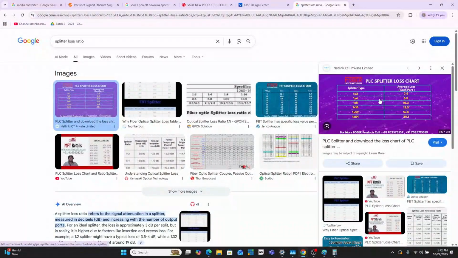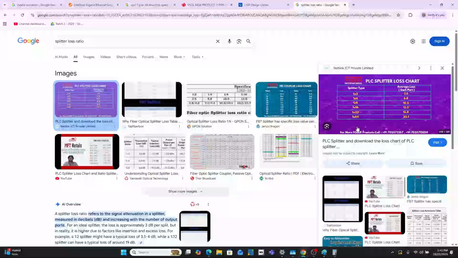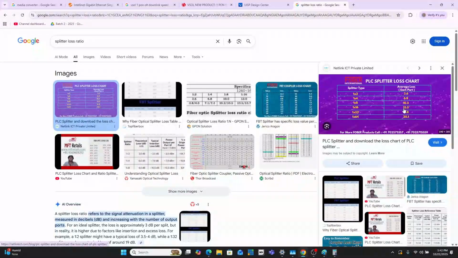So from the splitter loss graph, you can see that for a 1 by 16 is around an average of 13.5. So we can take 14. For 1 by 8 is an average of 10.3. For 1 by 4, 6 points. For 1 by 2, 3.6. These are the required losses that will be added.